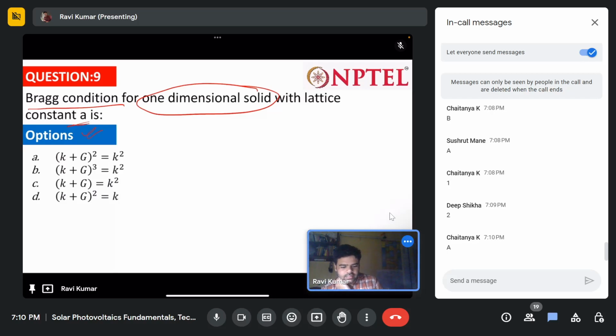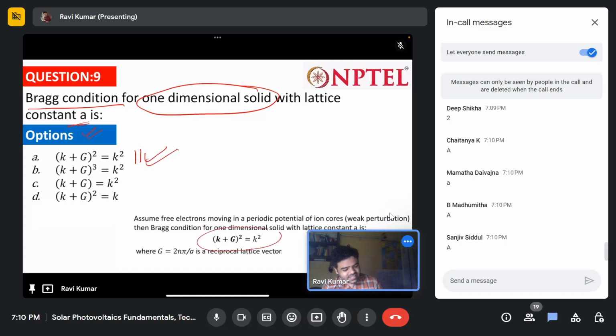A. Chaitanya, A. Mamta is also saying A. No one is with C, D. Okay, A is the correct answer, right? Sanjeev, Siddhul, yes, it is A.